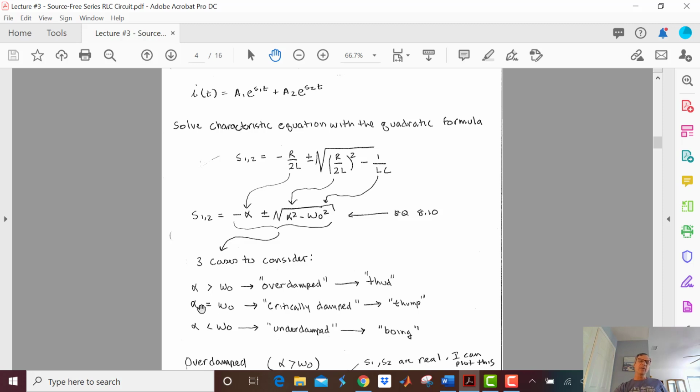But I don't get too excited about the critically damped case from a practical sense. In EE 310, boy, you've got to know critical damping. But in reality, when I'm working in industry, R over 2L may be equal to 1 over the square root of LC at a certain temperature or with certain components that I pull out of the bin, because components have a statistical distribution on their values.